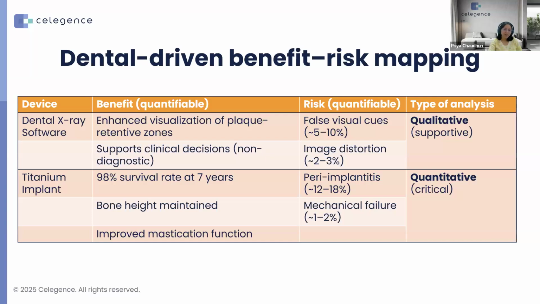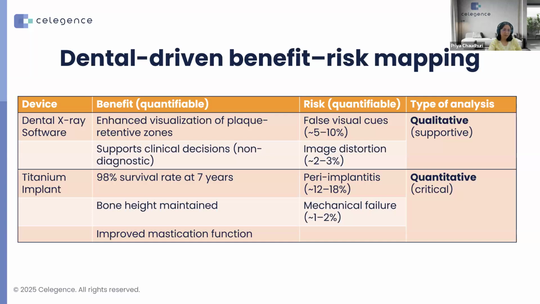Since this device does not diagnose or measure, its benefits are indirect and typically documented using qualitative evidence, since the data is usually limited, either with the manufacturers themselves or in the literature. So they are not often justified with a huge patient population; the sample size is really low. We rely on things like usability feedback, clinical preference studies, and internal studies.